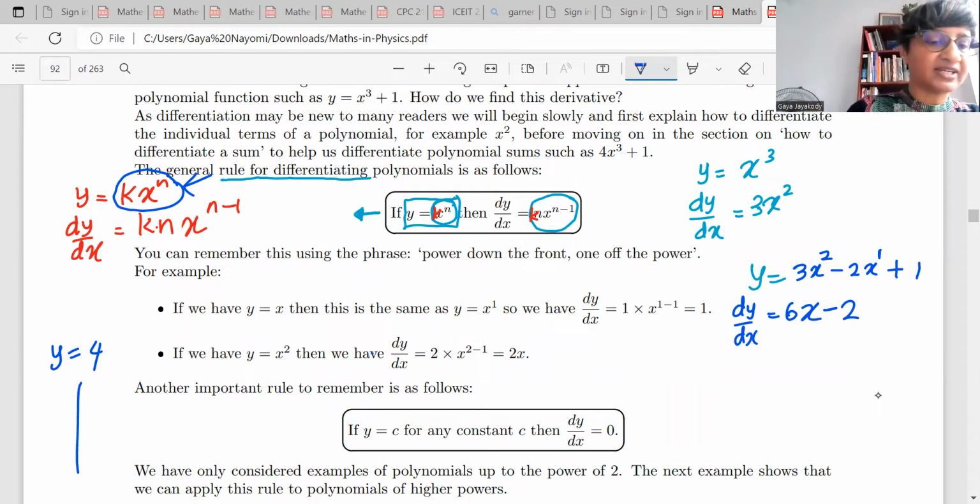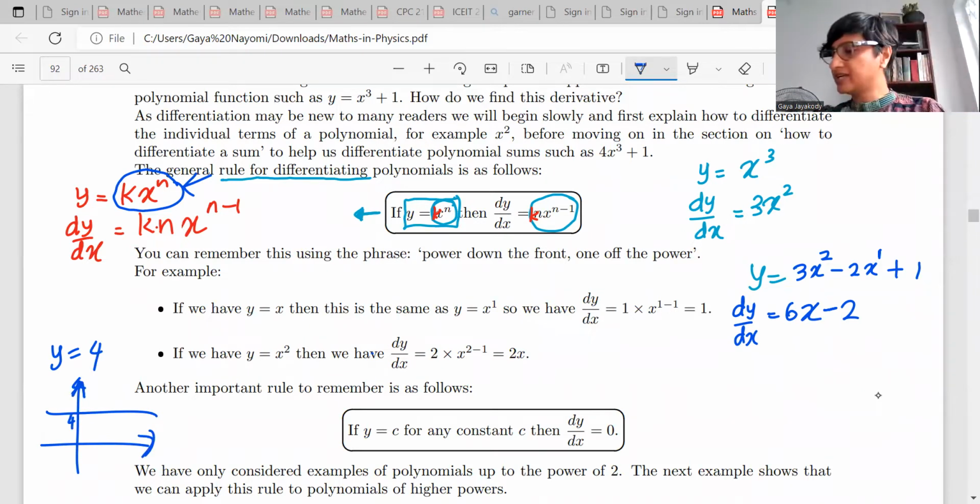Graphically it's a line cutting at 4. What's the gradient of this? Because it's a straight line, it's zero. So the derivative of a constant is 0. So the derivative of this function is 6x minus 2.